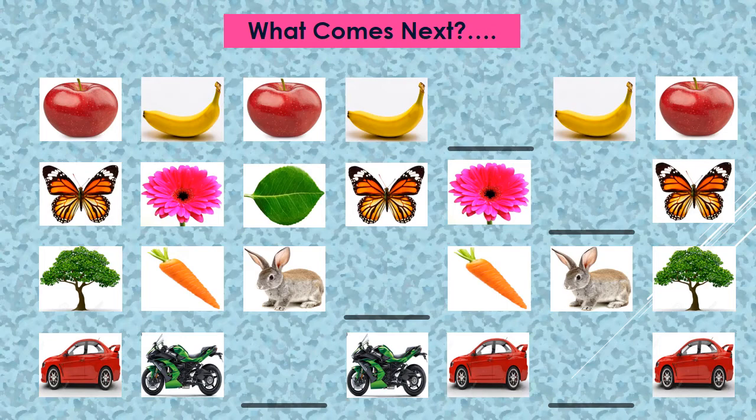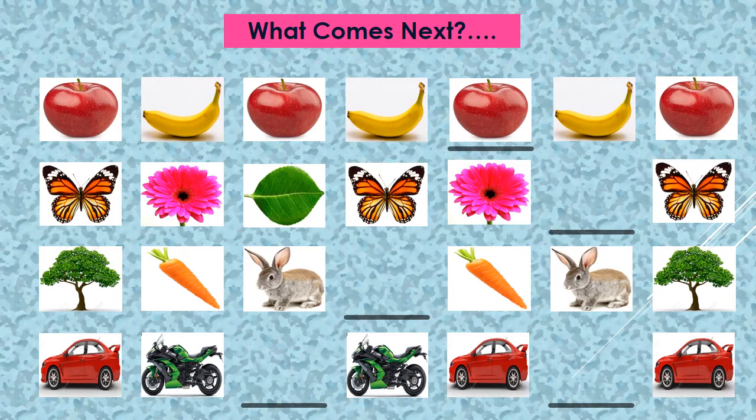Then we are going to see the pattern here, apple after banana, banana after apple, likewise. Then we will find out what comes next into this blank. Apple, banana, apple, banana, apple, banana, apple.